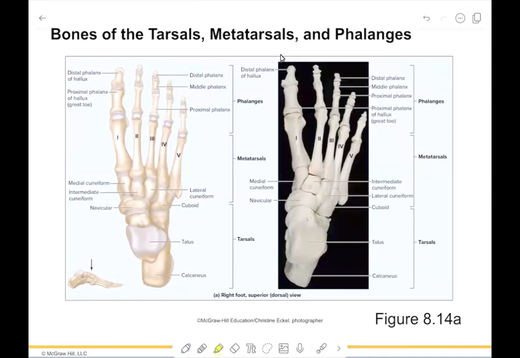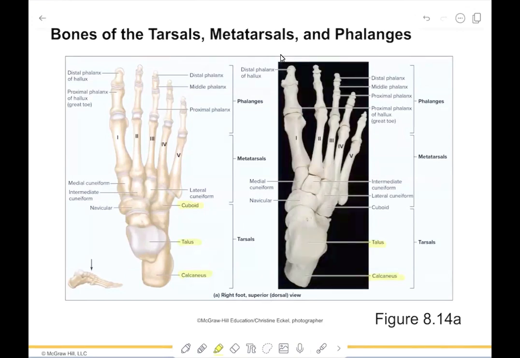So we can see the calcaneus as the largest of the tarsals, which is on the base of our foot. Just superior to that, or on top of the calcaneus, is the talus. Then on the lateral side, we have the cuboid, because it's kind of cube-shaped.